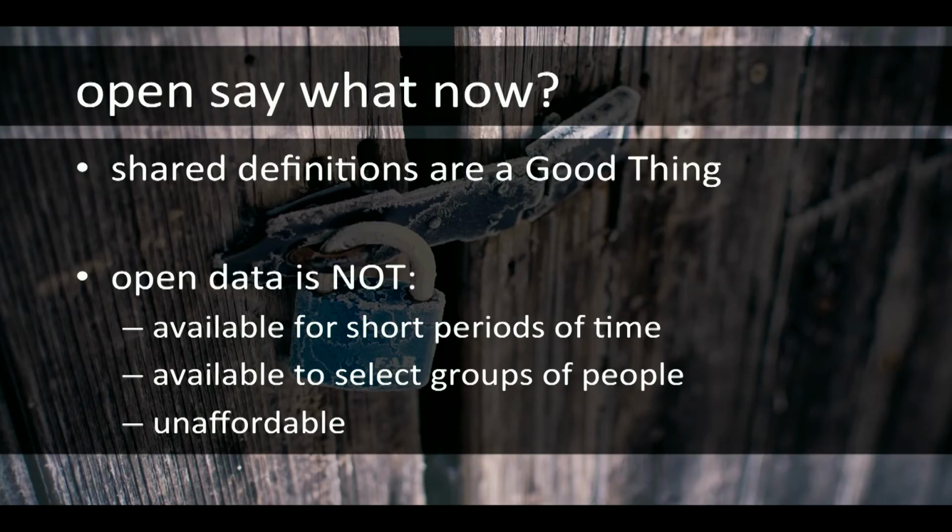So it doesn't mean data that's publicly available for a short period of time. It doesn't mean only for a select group of people. Even if it's just people who have to register, that's still not technically public. And of course with no barriers to entry, like being asked for money to access it. Quite literally, it means publicly available. So to anyone, anywhere, anytime.